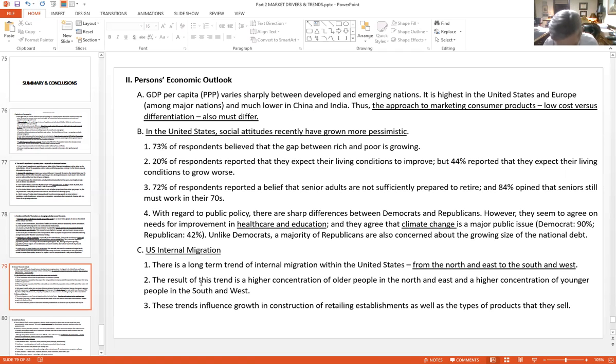And more than that, expressed the opinion that as time passes, seniors will have to work into their 70s.